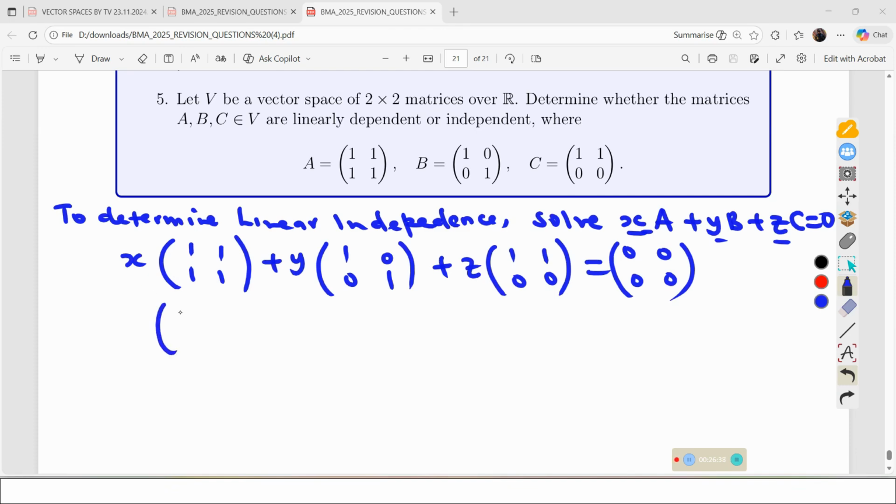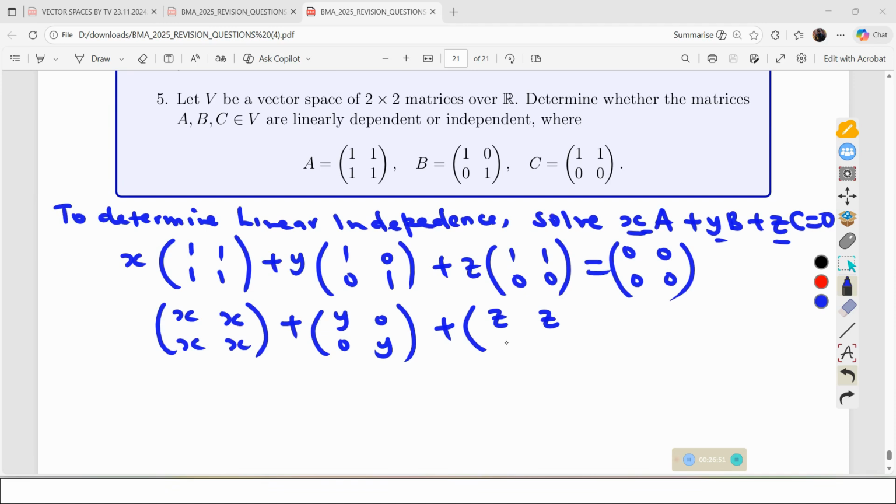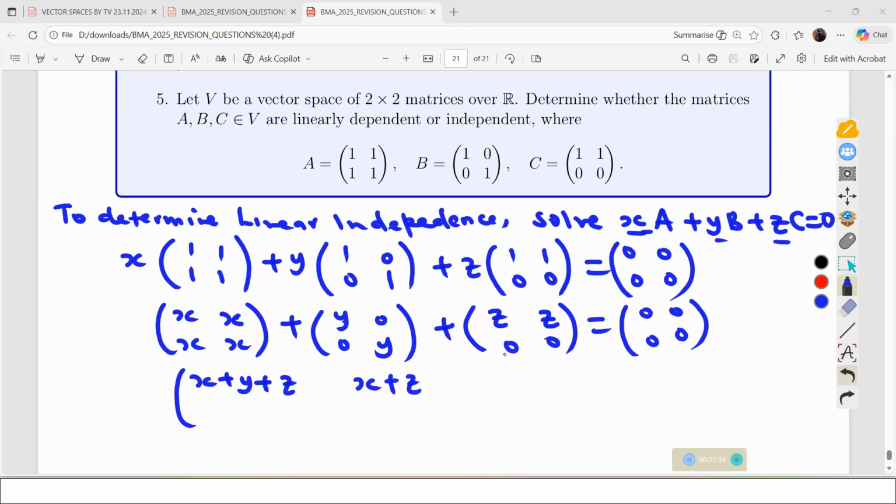Multiplying inside, this is x, x, x, x, plus y, 0, 0, y, plus z, z, 0, 0, which should be equal to 0, 0, 0, 0. So let us add the corresponding entries. We shall have x plus y plus z, then x plus z, then x, then x plus y, equal to 0, 0, 0, 0.